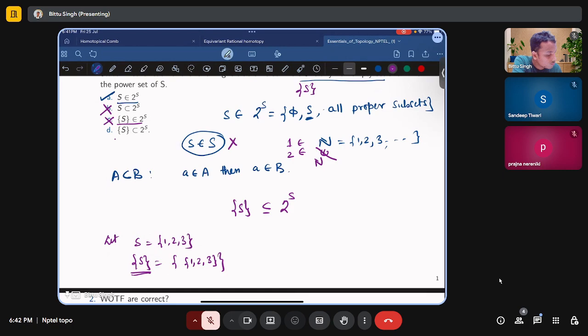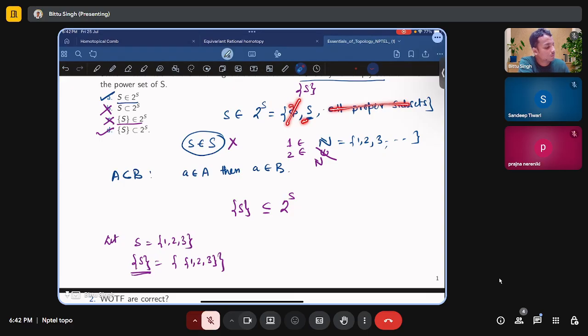But now {s} contained in 2 to the power s, is it true? Yes. You have already said this is a subset of the power set, so this is right. You can also see it in this way. What does subset mean? Subset means you cancel lots of things and you take fewer elements.